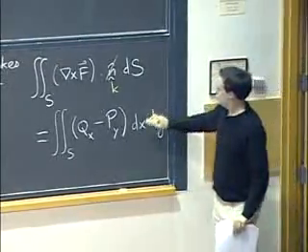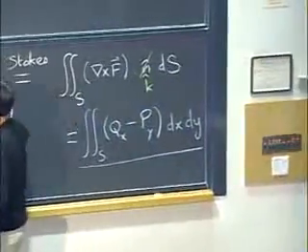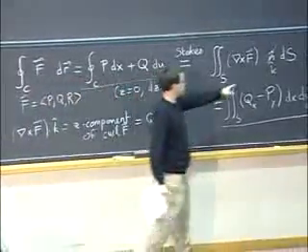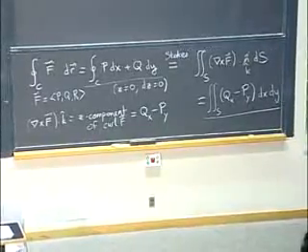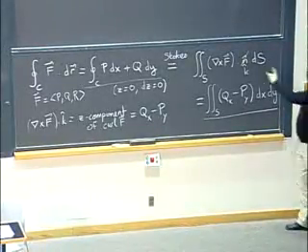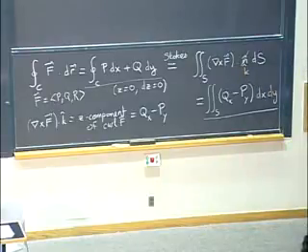So now see, if you look at this equality, the integral of p dx plus q dy along a closed curve equals the double integral of q_x minus p_y dx dy. That's exactly the statement of Green's theorem. Except that at that time we called things m and n, but really that shouldn't matter.